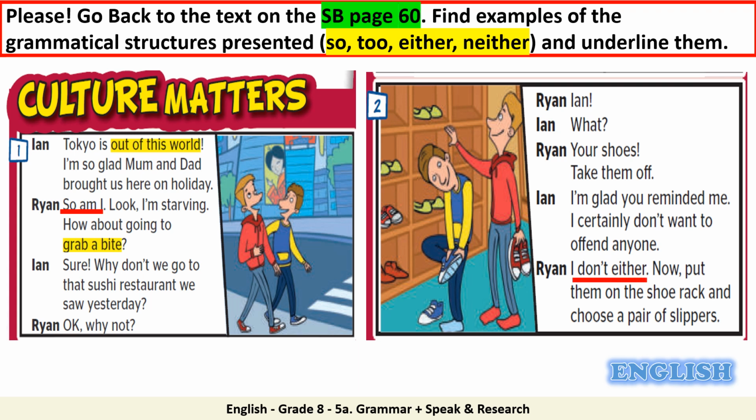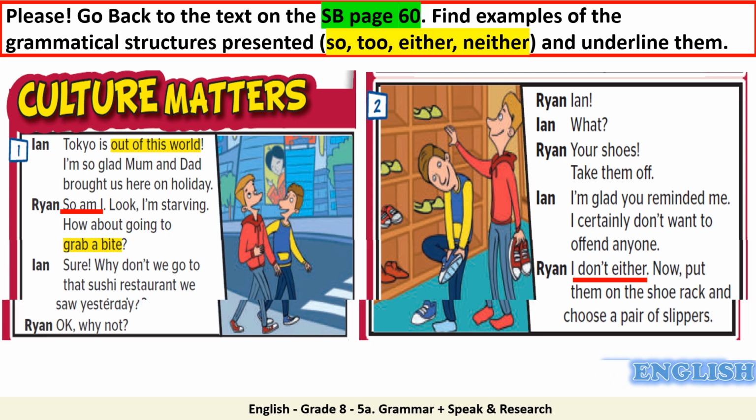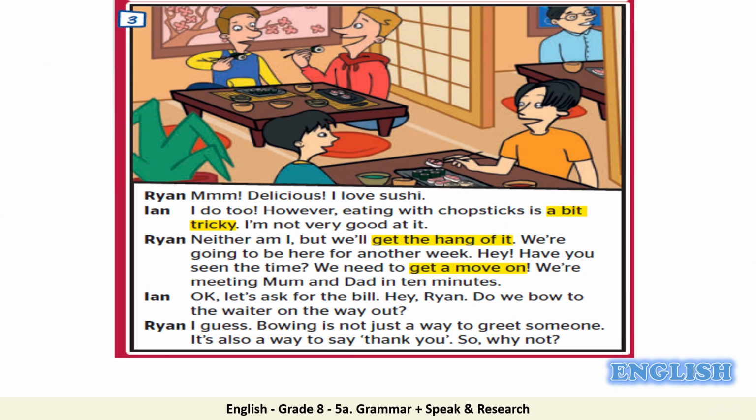Number 2, I don't either. Well done. Let's move to number 3 now. Okay, now the third part of the text. Good. I do too. And the other one is neither am I. Well done.